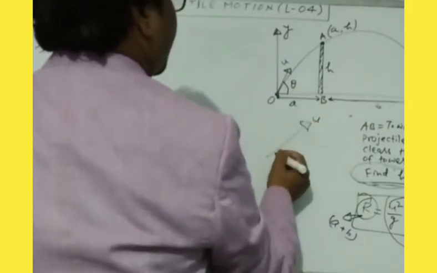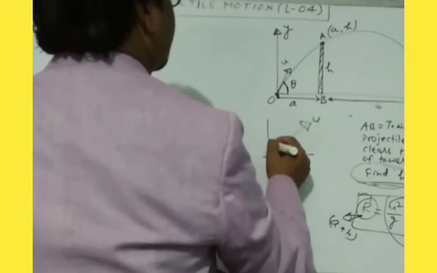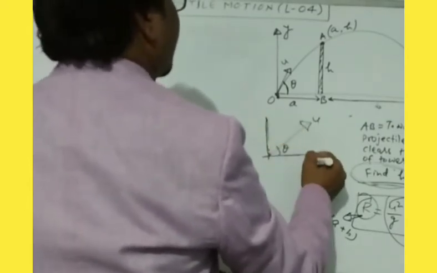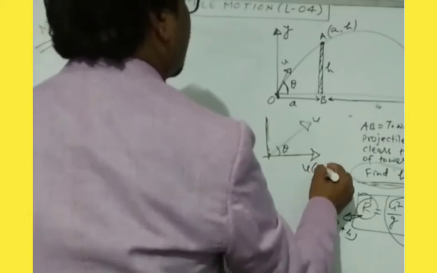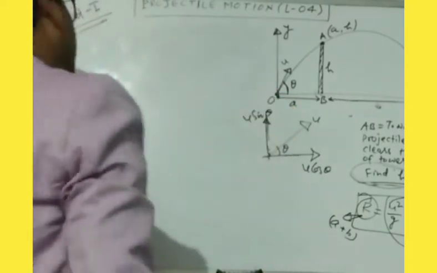U is this velocity and this is angle theta, and we split this value of u along the x-axis and y-axis. So this will be u cos theta, and here it is u sin theta.